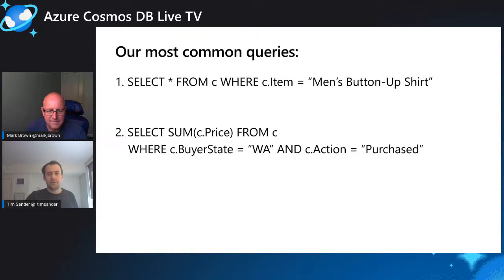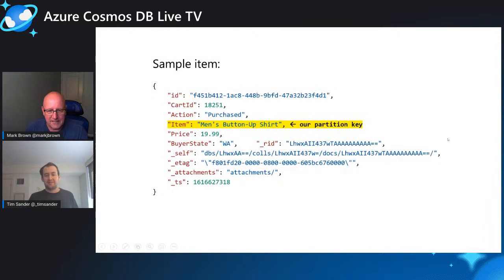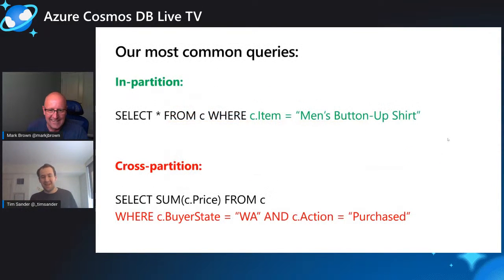Now, do you remember what our partition key was? Think back to the beginning of the call. Was it item? It was item. See, I was listening. I hope it all comes together now. Our partition key is item. And the first query that we run is an equality filter on item. That's one of our most common queries. That's in-partition.